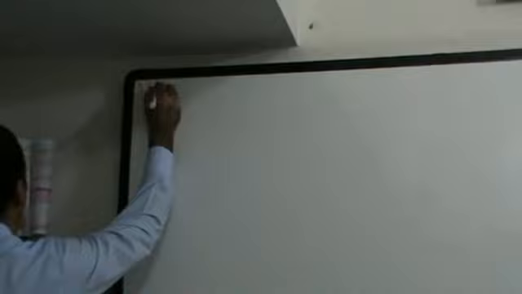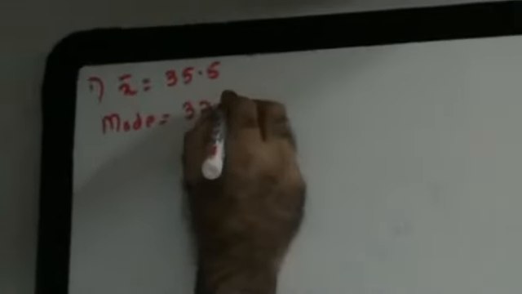Take down the sum please. For a moderately skewed data, mean is 35.5 and mode is 32.3.